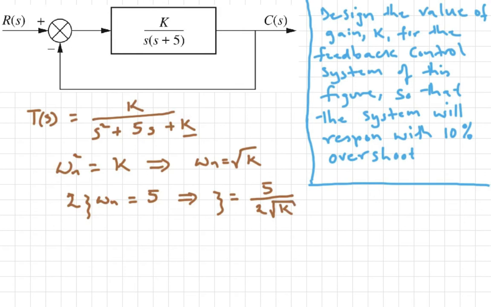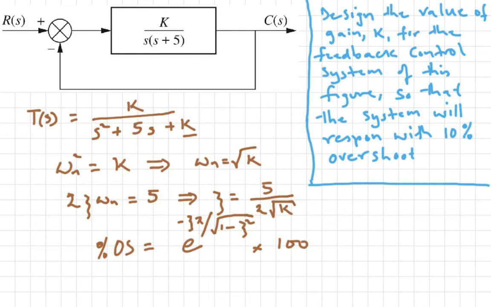Now recall that the equation for the percentage overshoot is equal to e raised to the power minus zeta pi over square root of 1 minus zeta squared, multiplied by 100.